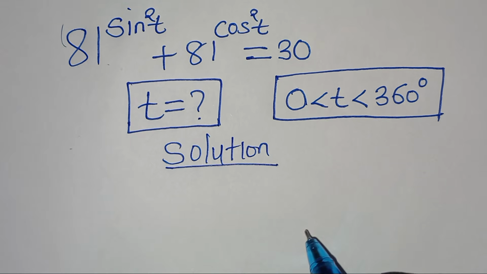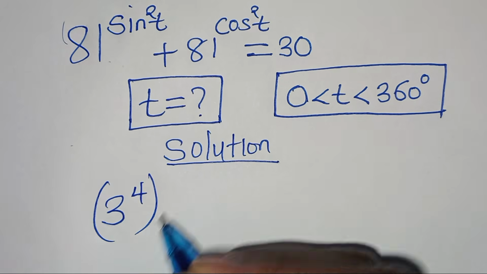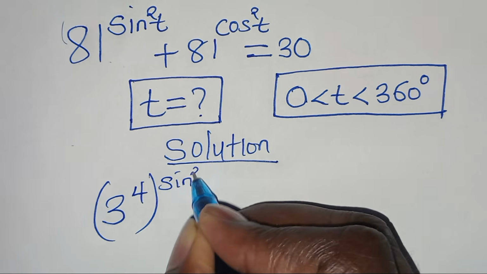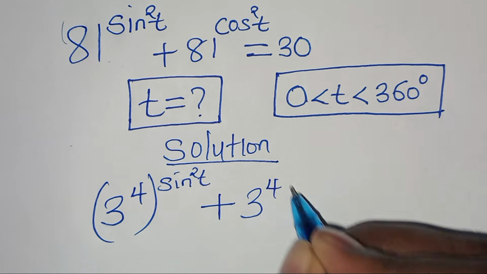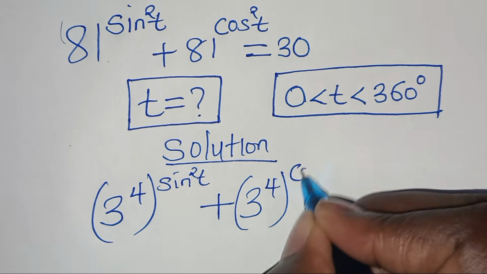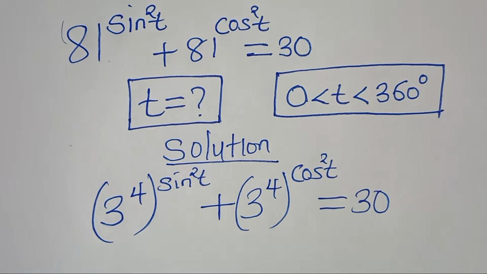So we can express 81 as 3 to the power of 4, raised to the power of sine squared t, plus 3 to the power of 4 raised to the power of cos squared t, equal to 30.